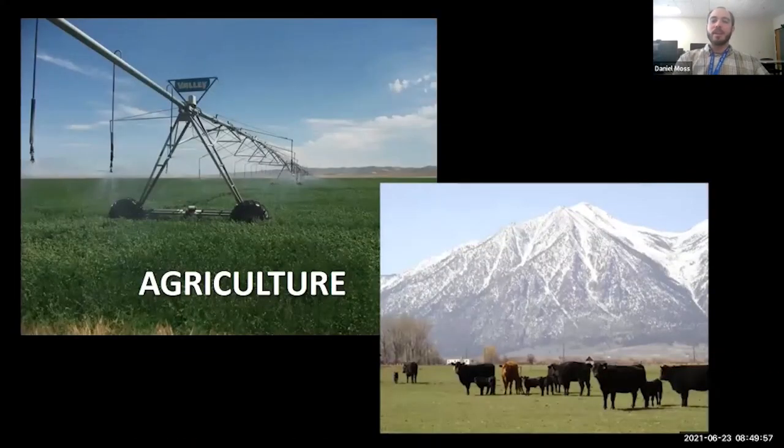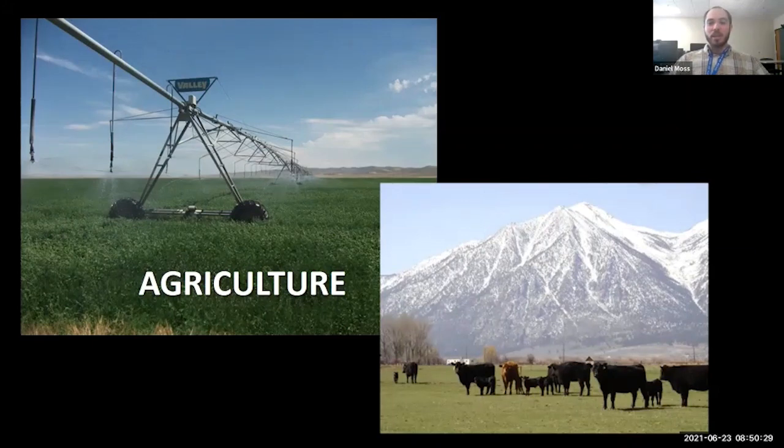Agriculture. I'll just point out that Lake Tahoe is a beautiful natural lake, but as of about 100 years ago, it was dammed to a height of 17 feet maximum. So the dam is 17 feet tall, and that frees up 730,000 acre feet of water every year, which is a ton of water, a huge amount of which goes to agriculture.